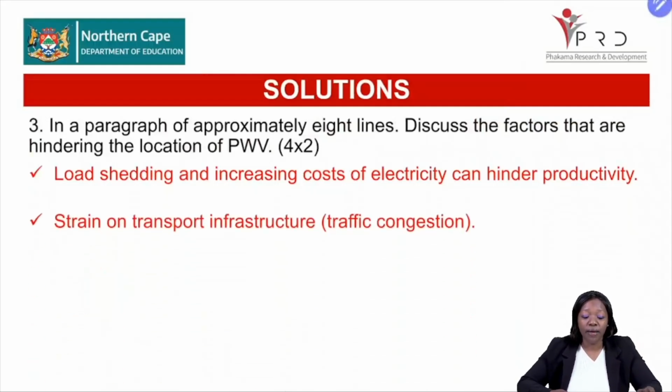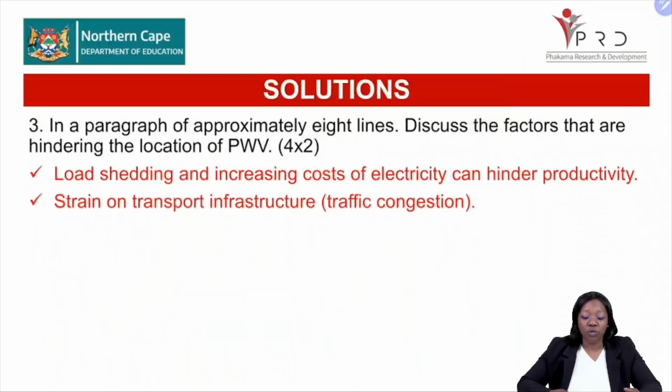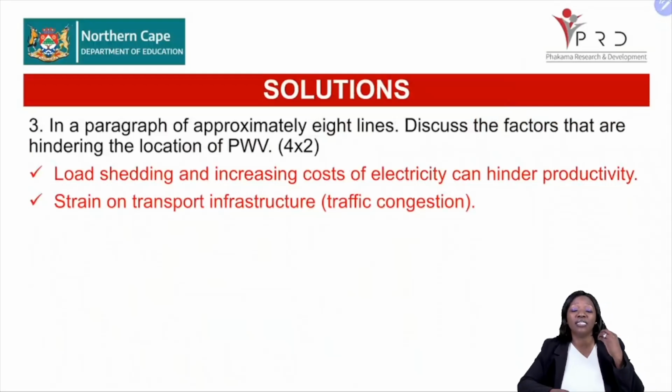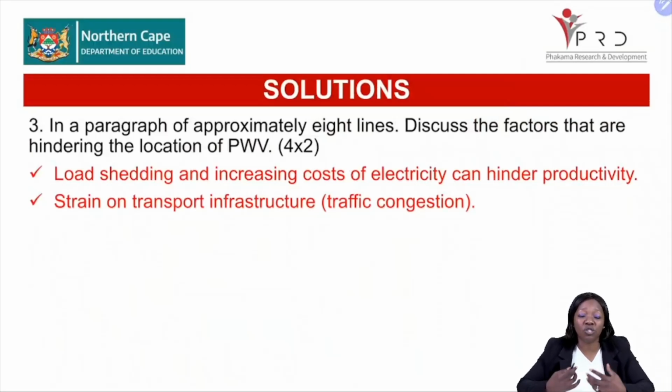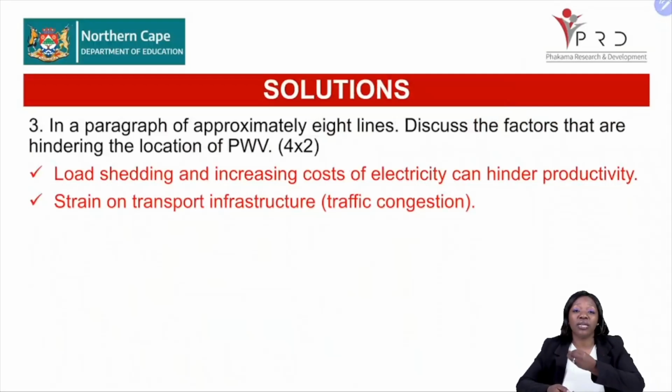Then the strain on transport infrastructure. Infrastructure becomes damaged because of too many trucks transporting, and too many cars being used on the road, which also leads to traffic. As it leads to traffic, it also delays production, because you will find that those trucks or cars will be stuck in traffic for a long time before they reach their destination.